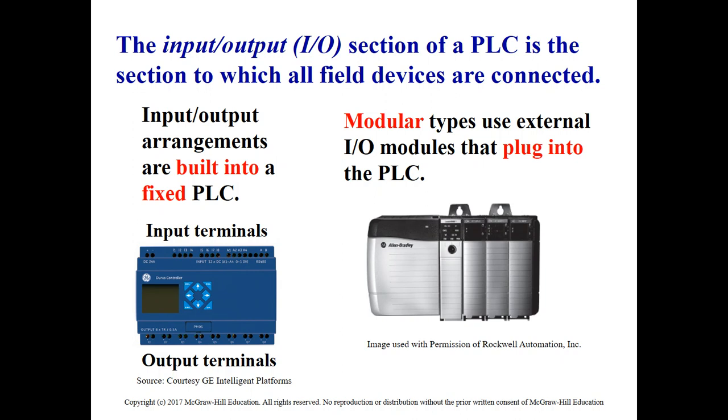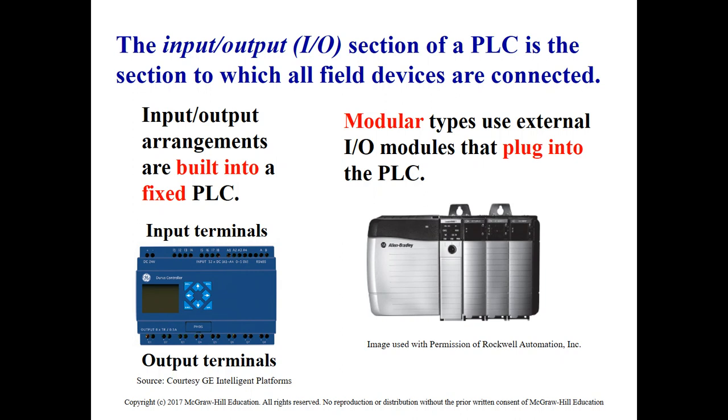So we said the input interface is usually connected with the sensors, switches, and devices which are connected as the input to our control system. And the output interface is connected to the actuators. And usually these two modules are very important because they are used to translate the signal that they receive from the field or send to the field.